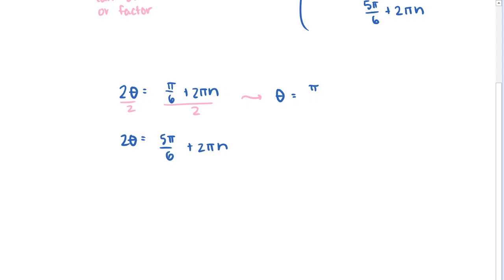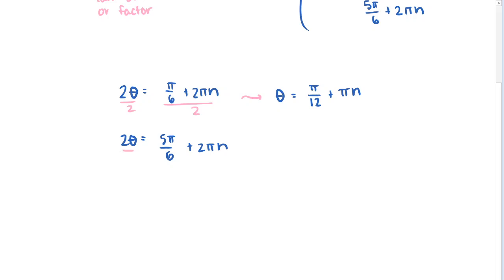So here I wanted to take pi over 6 and divide that by 2, and 2 pi n and divide that by 2. Well, pi over 6 divided by 2 is pi over 12. And 2 pi n divided by 2, that's just plus pi n.